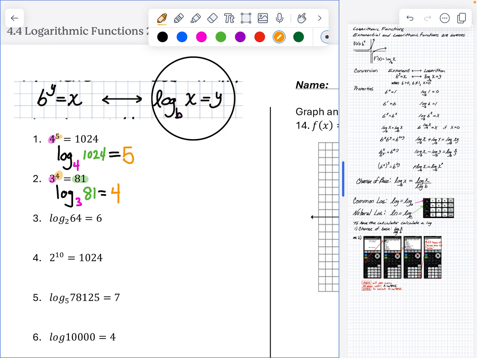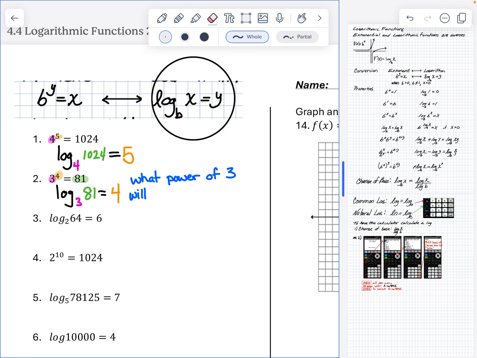In other words, it says, what power of 3 will get you 81? What power of 3 will equal, I think I like get you better, will get you 81.